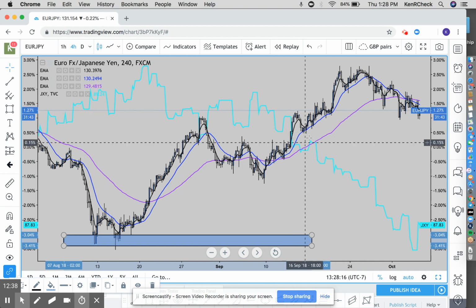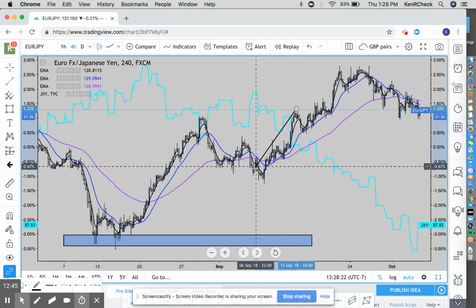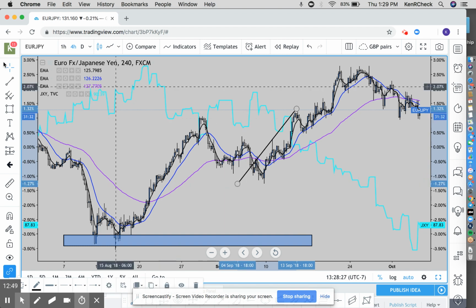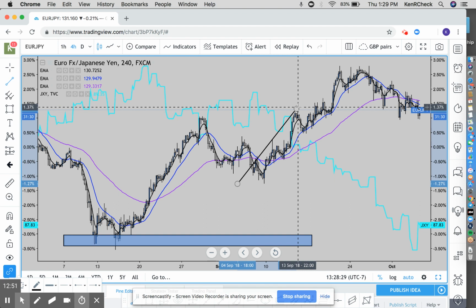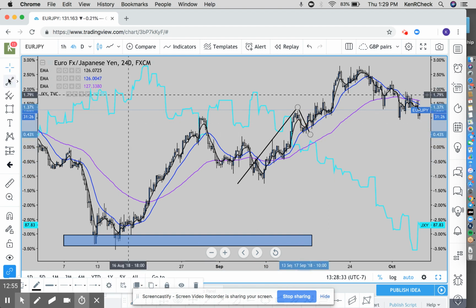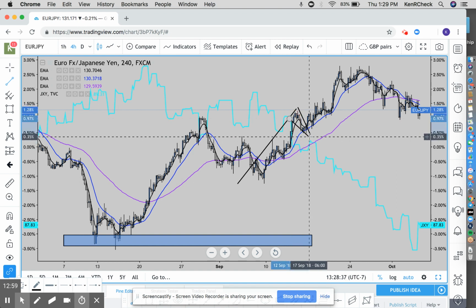So this is where we're seeing a nice pennant again. Just make sure that you always have your pole. And then right here, it's a nice flag. Actually, it's a pennant.